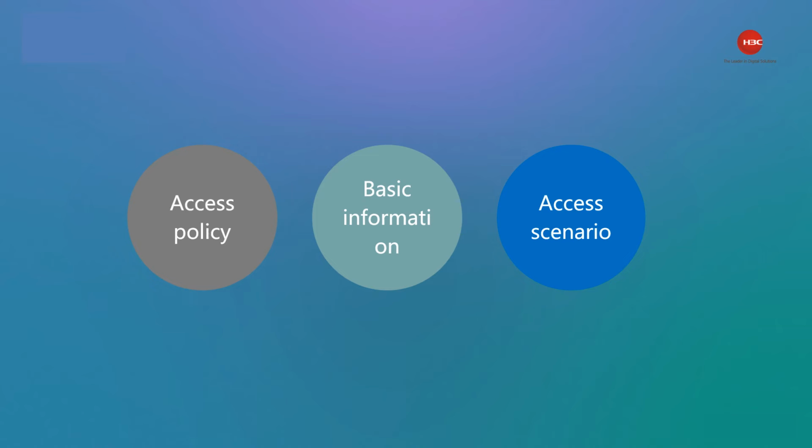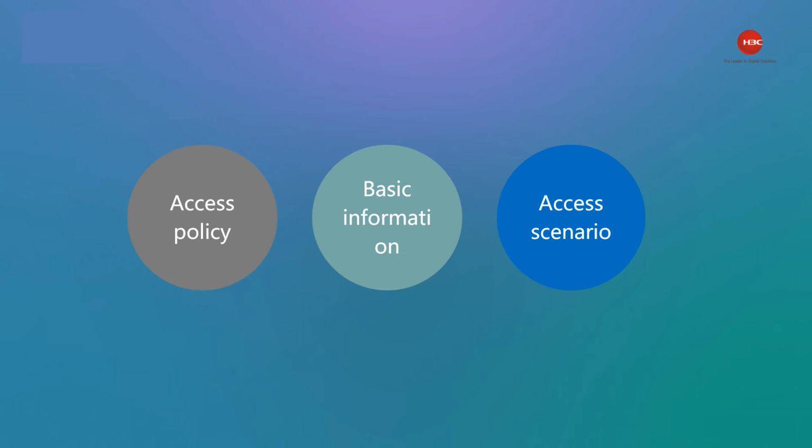So in the access policy, you can set user-related authorization information, authentication band information, user client configuration, and other parameters. In the basic information, you can set the default access policy, default security group, limit the number of accounts online, and enable mark port authentication.